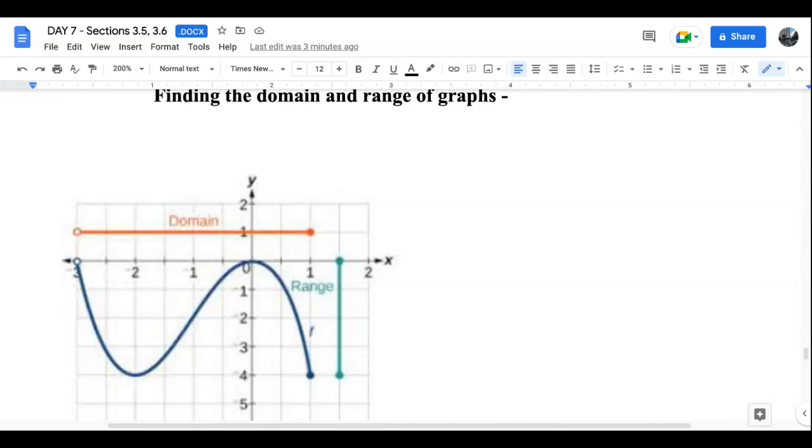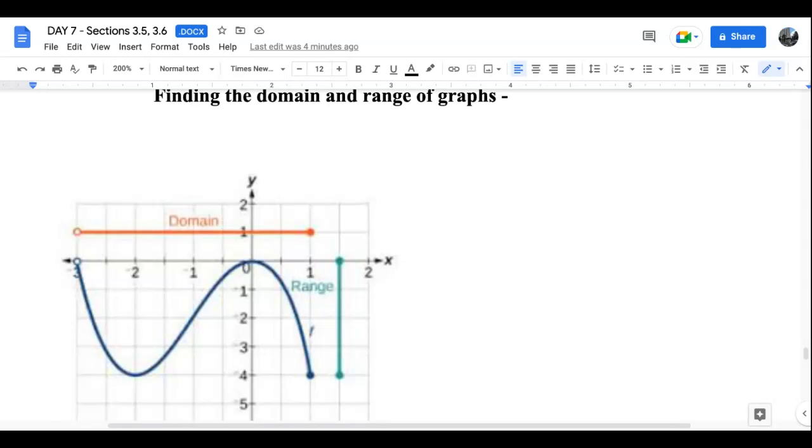On the left is -3, but with an open parenthesis, because there's an open circle there. That means -3 itself is not in the domain. Then we read to the right, up to 1.